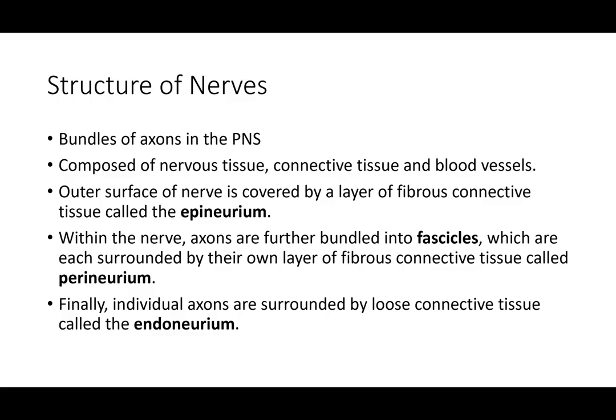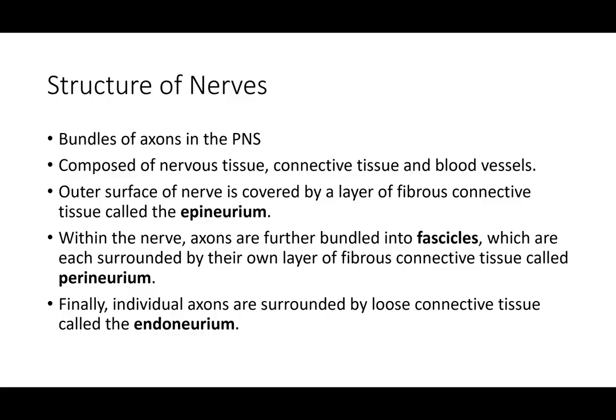So nerves, they're made up of these bundles of axons along with some connective tissue and even blood vessels to keep these in good condition. So the outer surface of the nerve is covered by a layer of fibrous connective tissue called the epineurium. So that's going to be that covering on the outside.